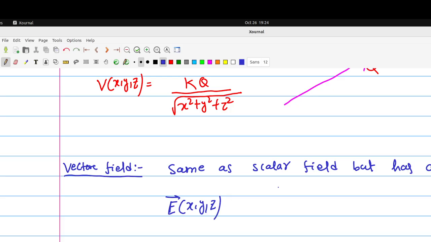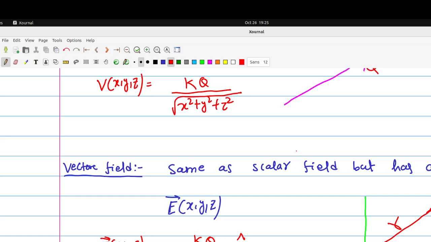For example, in the same example, in a spherical coordinate system, there is a charge q at origin. Due to this charge there is an electric field at some position r. So what is the E vector? Due to Coulomb's law, this will be kq by r square into r cap vector, where r cap is the unit vector along the r direction.